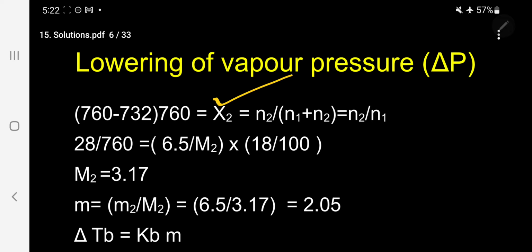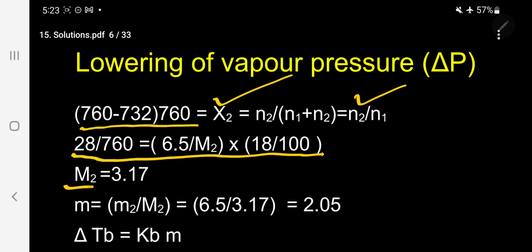That is n2 by n1: 760 minus 732 divided by 760 equal to n2 by n1. Now I am substituting into this equation. From the calculation, I am getting M2, the molecular weight, equal to 3.17.